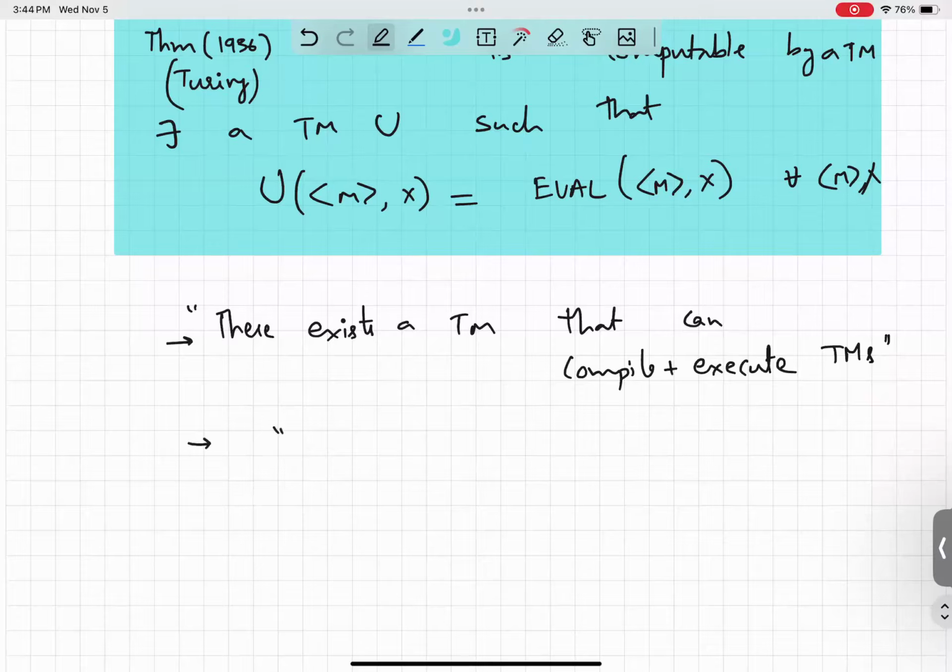So this is called meta-circular evaluators. For example, you might have heard it said that GCC is written in C. That makes no sense, right? If you think about it, if GCC is written in C, who is compiling GCC then?